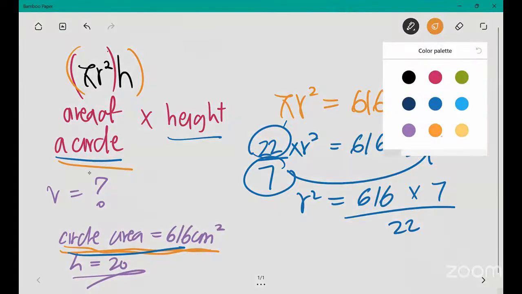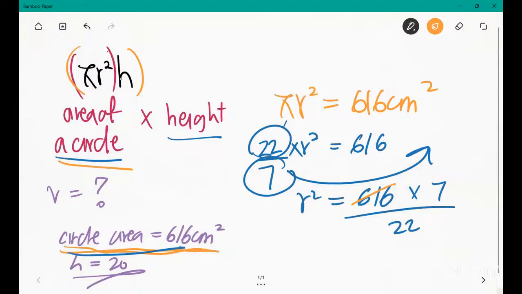Let's simplify it slowly. Since 616 and 22 both are even numbers, the best thing to do is divide both up and down by 2. If you divide 616 by 2, it's 308. 22, if you divide it by 2, it's 11.